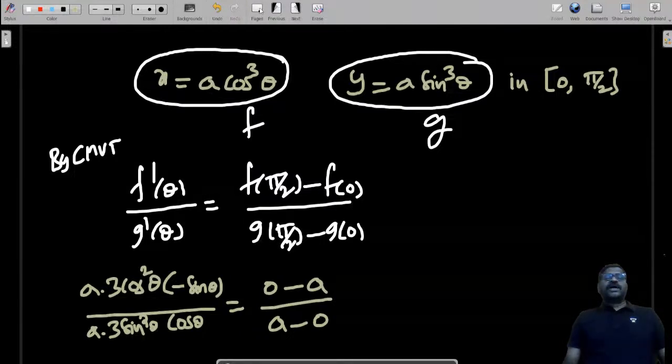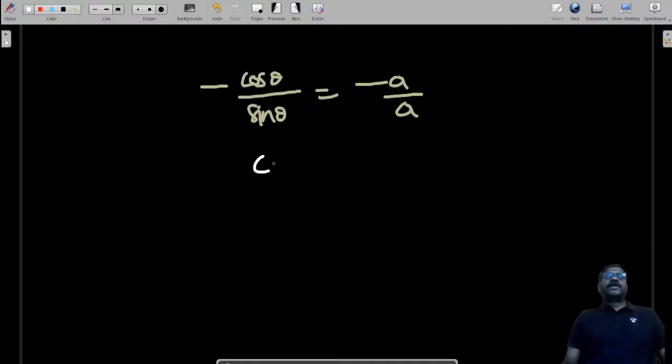Now, after cancellation, minus cos theta by sin theta equal to minus a by a. Cot theta equal to 1. Theta equal to pi by 4.